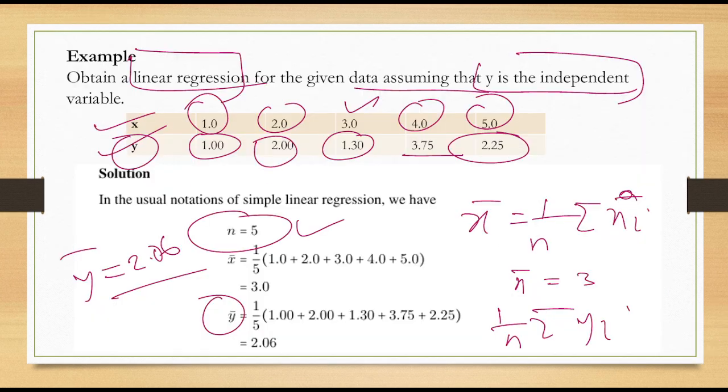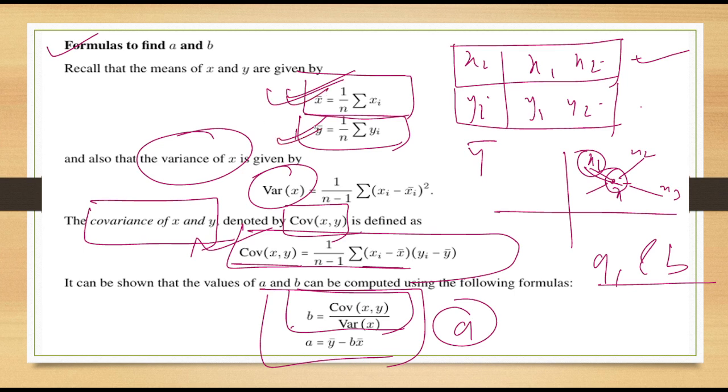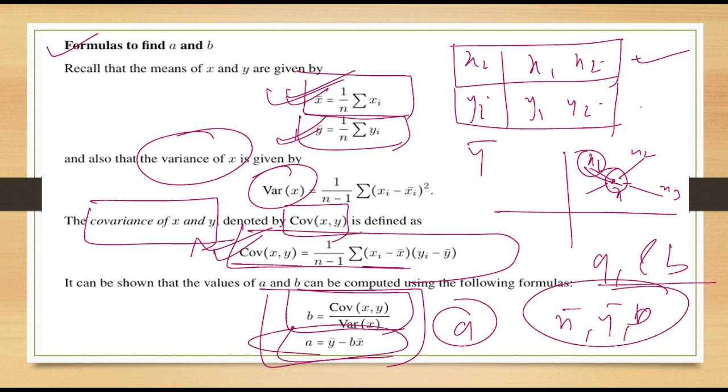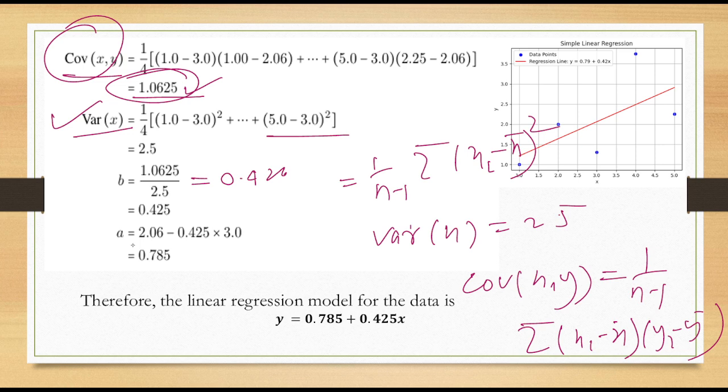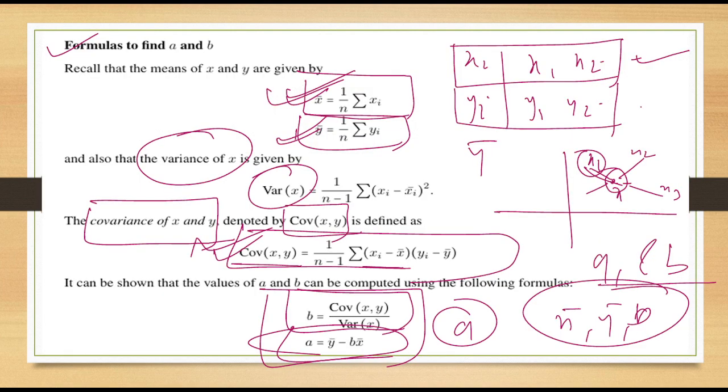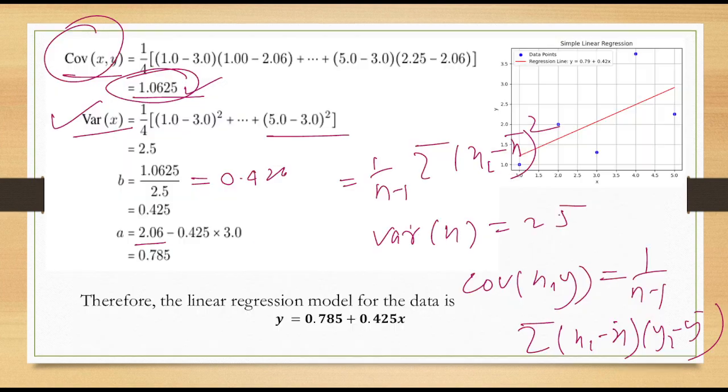Now what do we have to do? We have x bar, y bar, and b. Now putting these values in this equation, we will get a equal to 0.785.